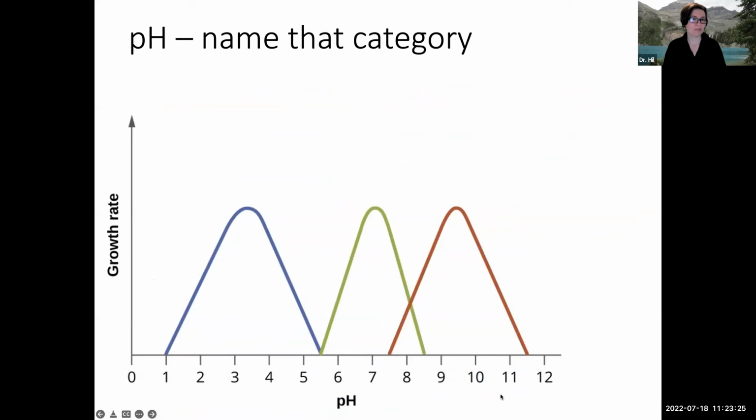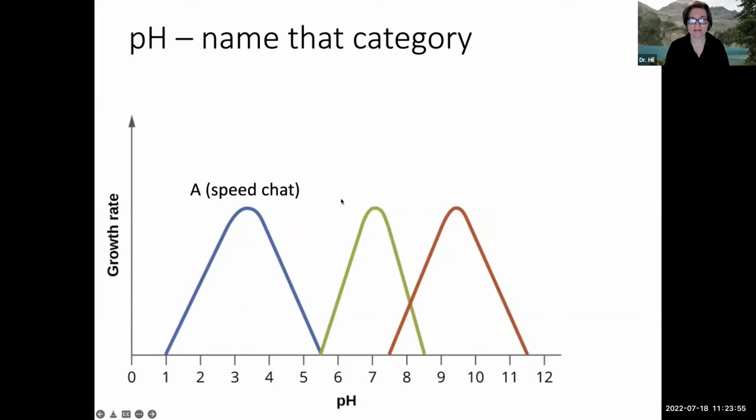All right, let's move on to pH. There are 3 categories of organisms by pH. We can see that some of them like low pH, some like medium, some like high. So what do we call it when they like these low pH conditions? That's right, low pH is acidic.